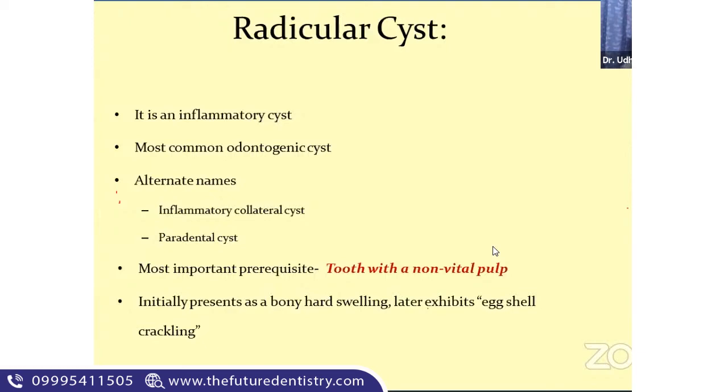The trabeculae, which are my fingers, get stretched out like this. So when you palpate it, you crush small trabeculae of bone. That is known as eggshell crackling. Eggshell crackling is not pathognomonic to radicular cyst. It is seen in many other intraosseous lesions. But just remember, among odontogenic cysts, it is commonly seen with radicular cysts.